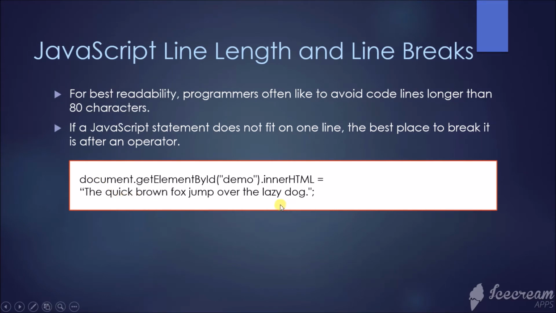Since our statement is long, say this container, and the value has a long text, then we bring it down to a new line after the operator, which is the equal sign here. Okay? So that is what we will do so that it looks better. Okay, guys?